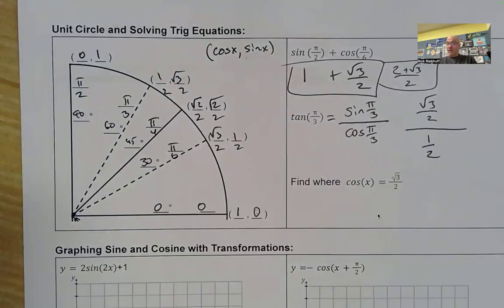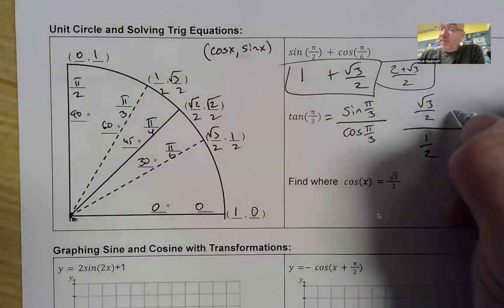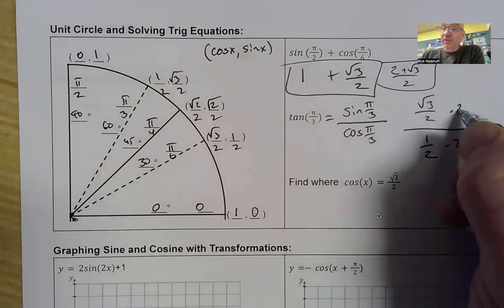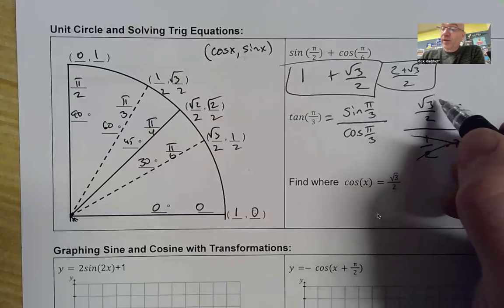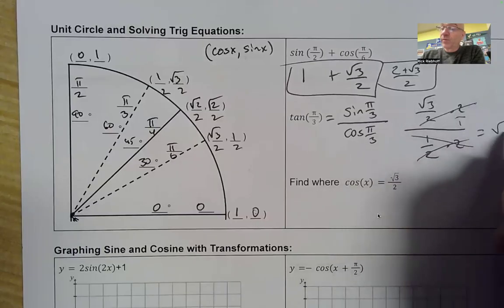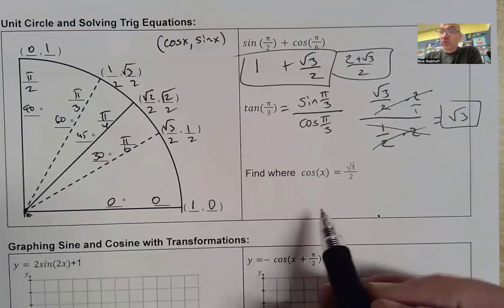We've talked about how to simplify fractions. I can multiply by the denominator, top and bottom, so times 2 on the top, times 2 on the bottom. Half times 2 is just 1, so that cancels out. Root 3 halves times 2 over 1, these 2's cancel out, so I get root 3. Boom.